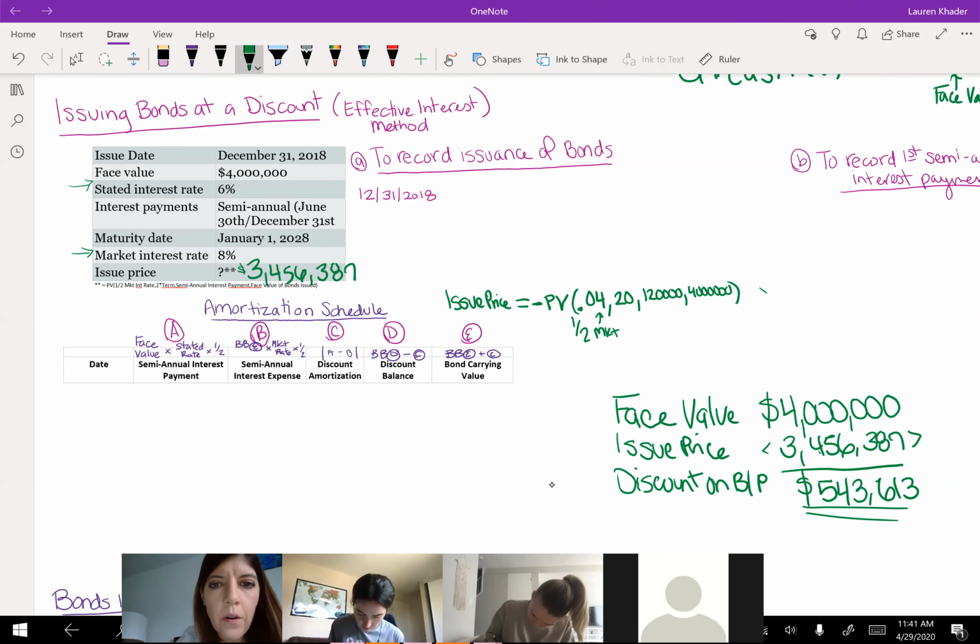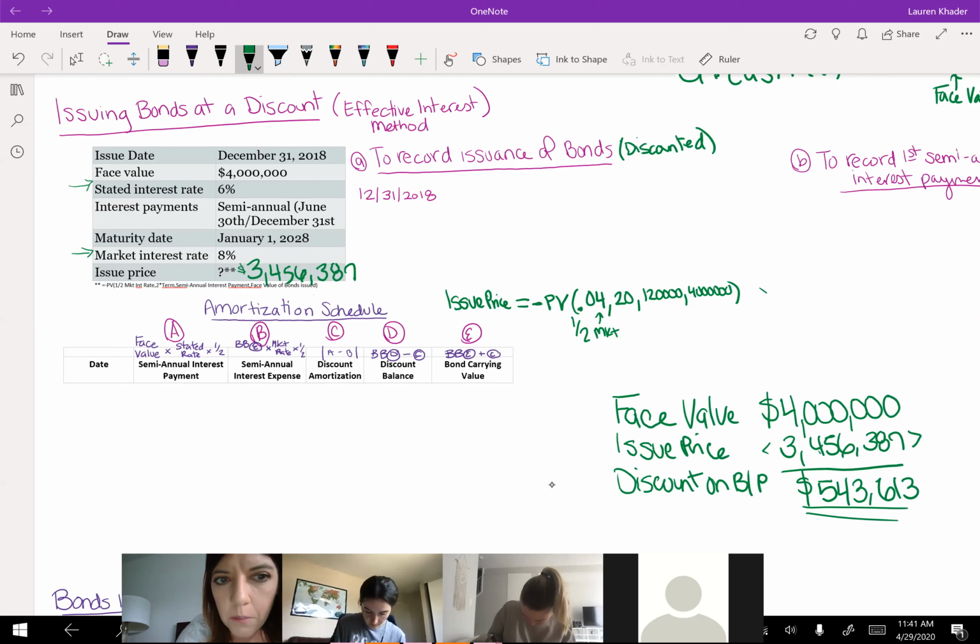We're going to record the first journal entry, to record the issuance of the bonds, and these were discounted bonds. So it's slightly different than what we did with bonds issued at par value, but very similar. The issue date was December 31st, 2018.